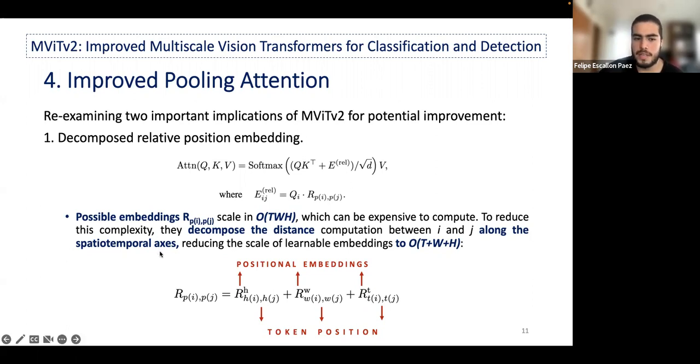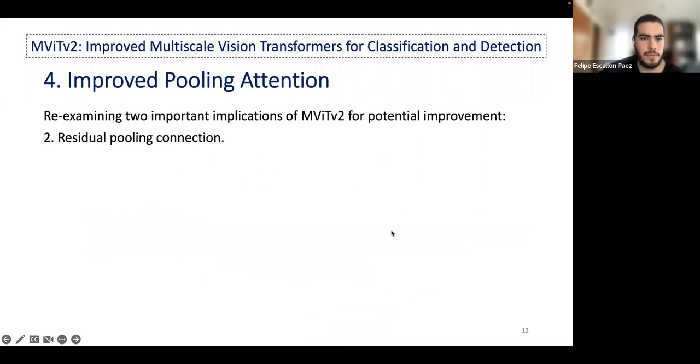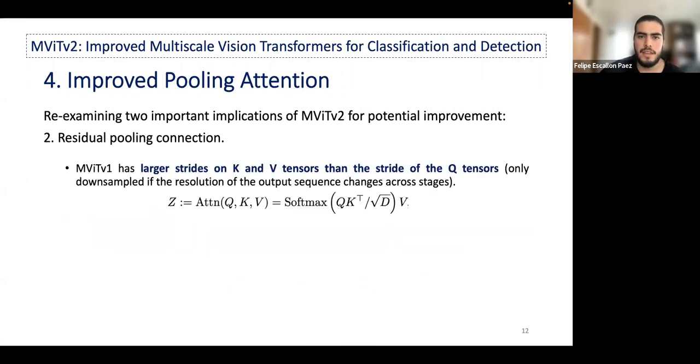So this increases the complexity of the model. So they propose what is in the bottom, doing it decomposed along the height, width, and time positions. And in this sense, the scale of these learnable embeddings is no longer a multiplication, but an addition of the components.